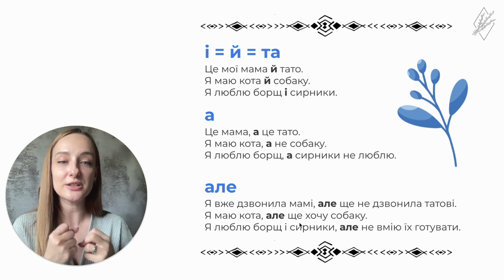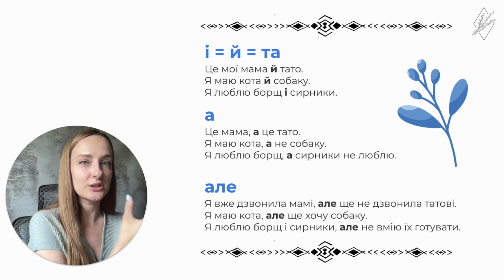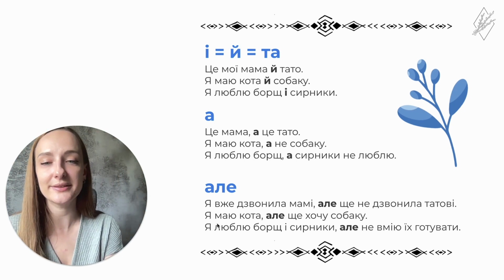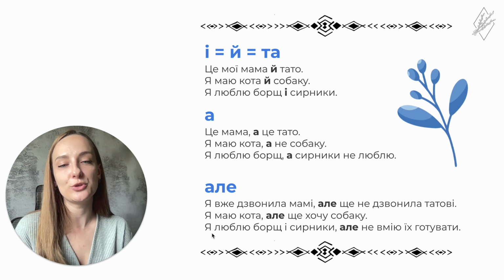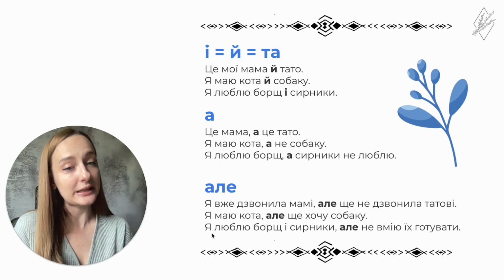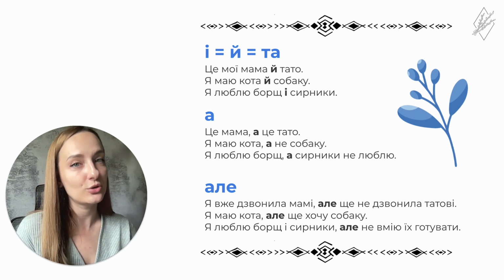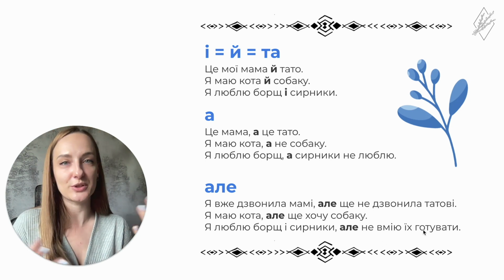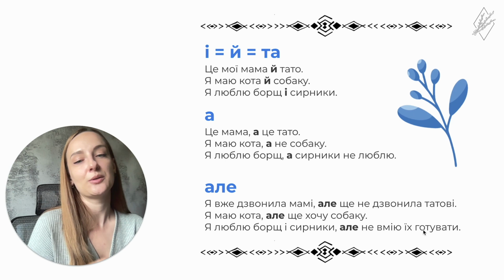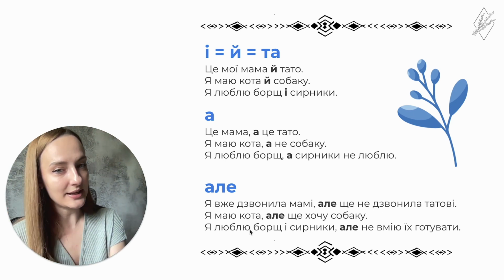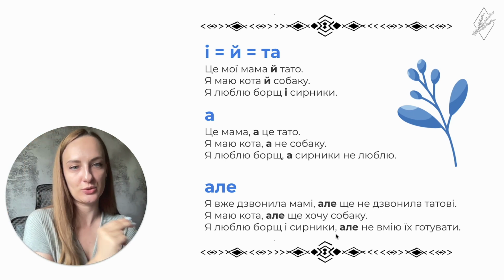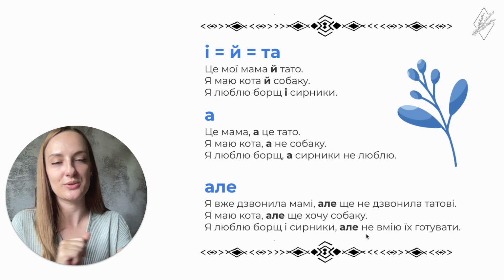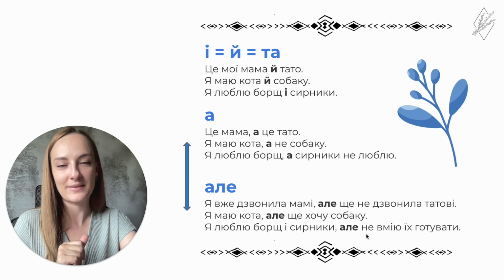So like I have a cat, but also I want a dog. And the last one. Я люблю борщ і сирники, але не вмію їх готувати. So here in both parts of the sentence we speak about борщ and сирники, but we say that I like them, but I cannot cook them. So here we use conjunction але.